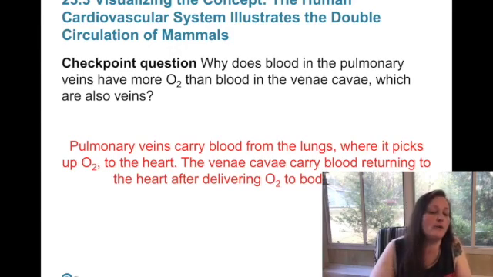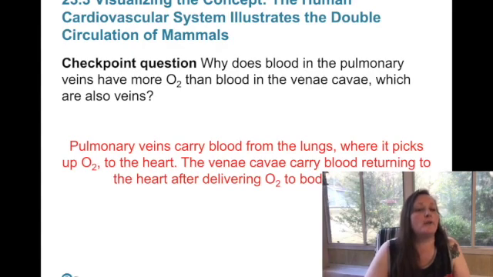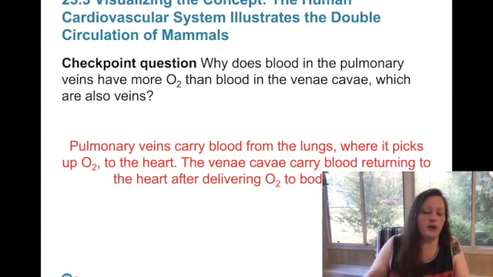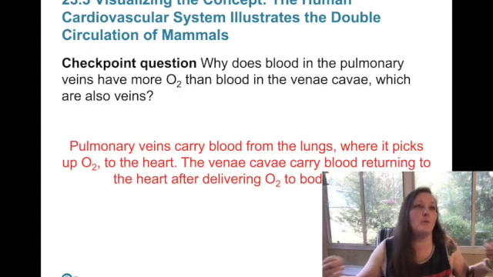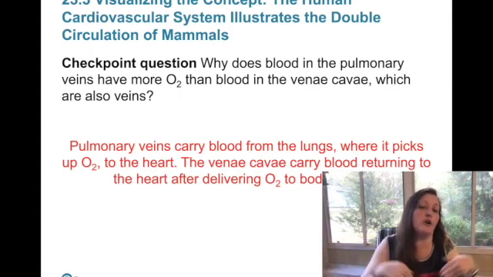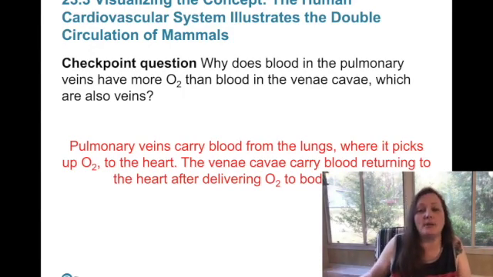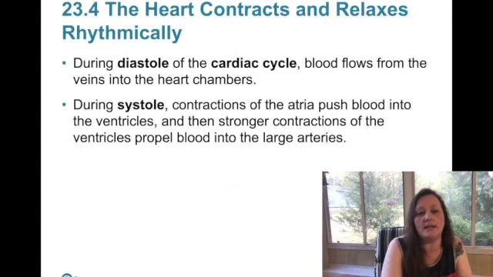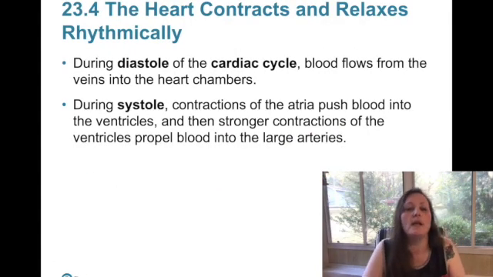The veins are always going towards the heart. For the most part, that is bringing all the junk back to get rid of. But when it's going from the lungs to the heart, it's still going towards the heart, so it's still a vein. But since it's coming directly from the lungs, it's full of oxygen because that's what it's there for.